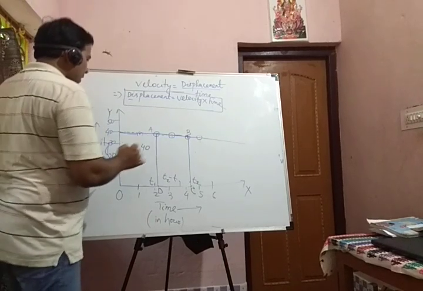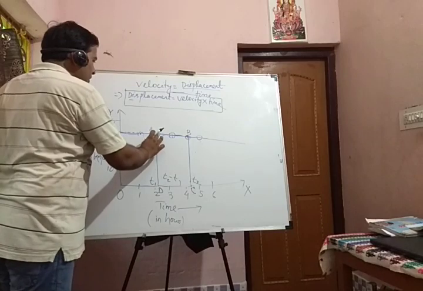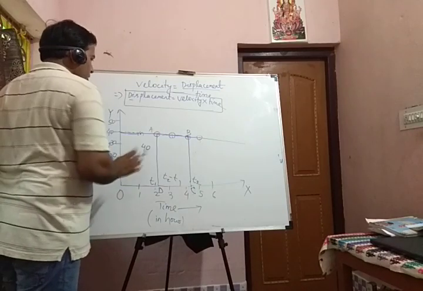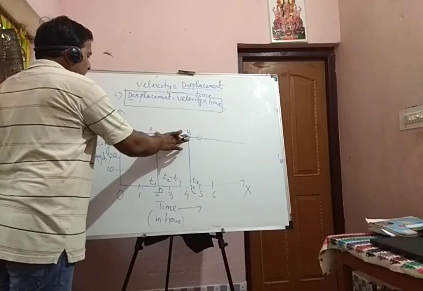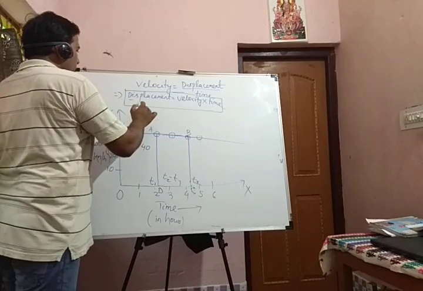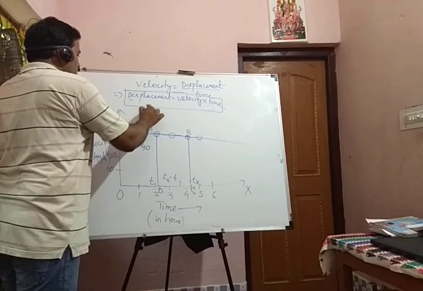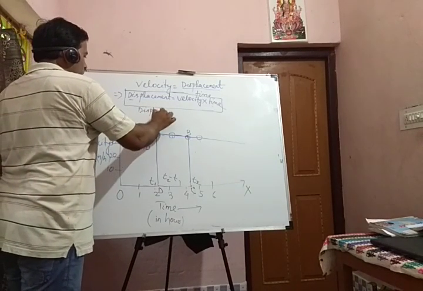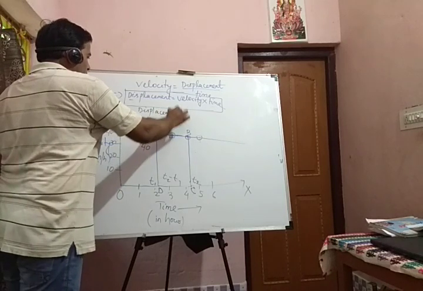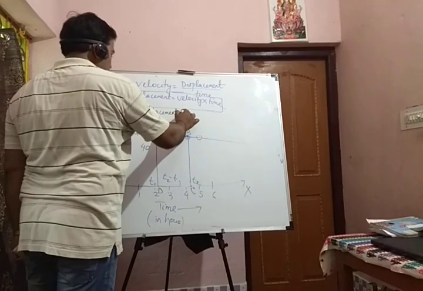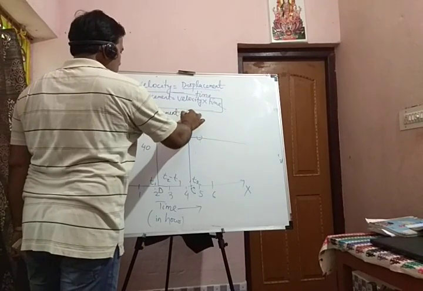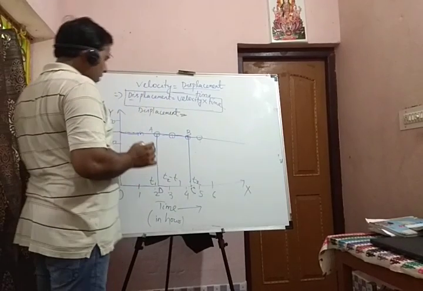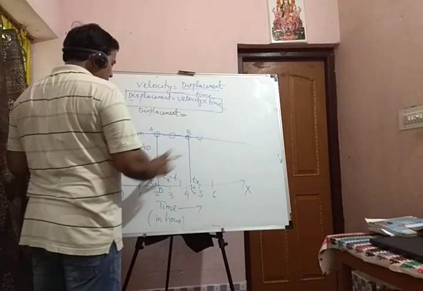So the displacement here is AB. For example, if it is displaced from A to B, then the displacement is equal to velocity into time.